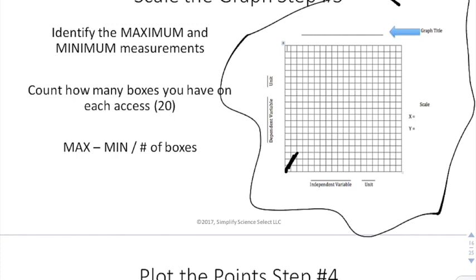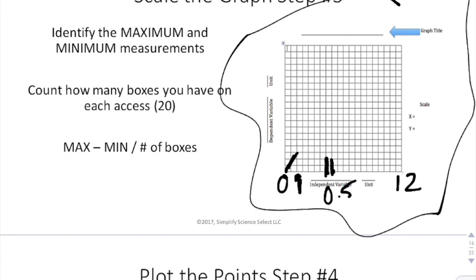So something like 0 hours of sleep and 12 hours of sleep. And then you want to divide those up so that each box represents a specific value. Okay. So that means that each division could represent maybe half an hour.